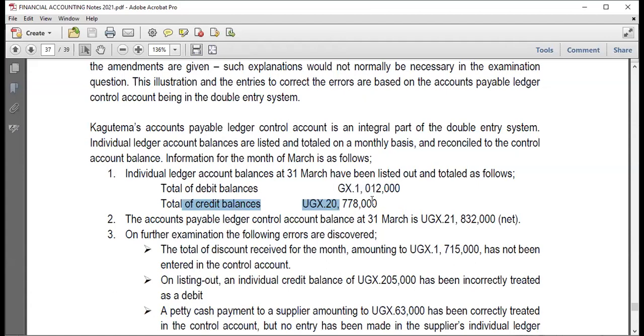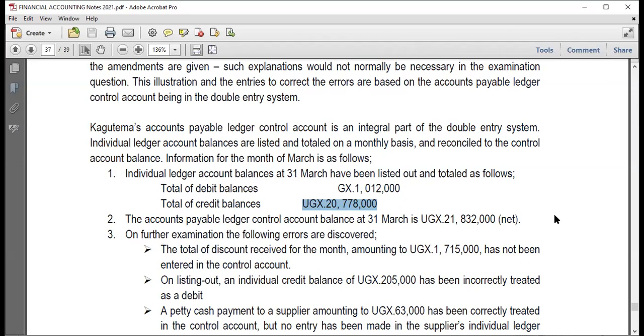So they want us to reconcile this value, since they have given us details around the credit balances, with our new balance, the one we've just gotten. So that is what the reconciling item wants us to look at.